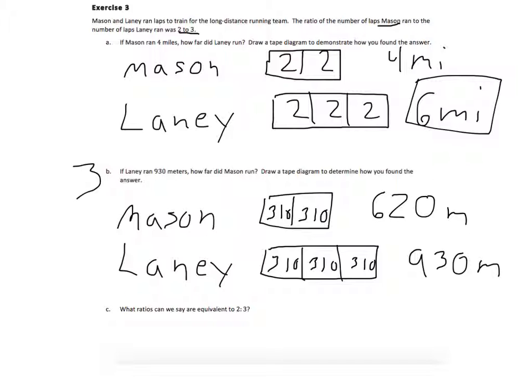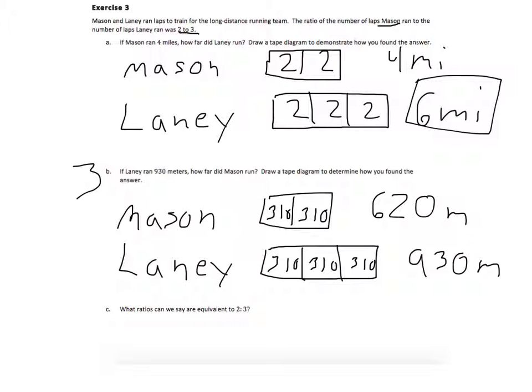So what ratios can we say are equivalent to 2 to 3? Well, we can look back to our first situation where we learned that Mason ran 4 miles. Our equivalent ratio could be 4 to 6. There, our units were 2 miles. Or instead, we could have the equivalent ratio of 620 to 930.